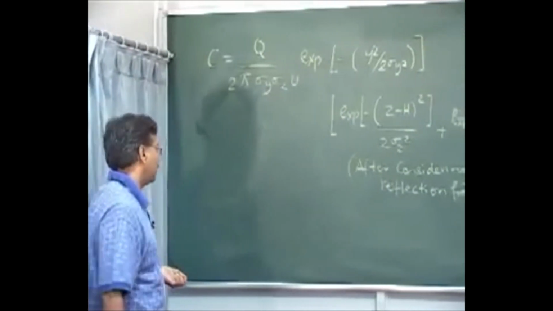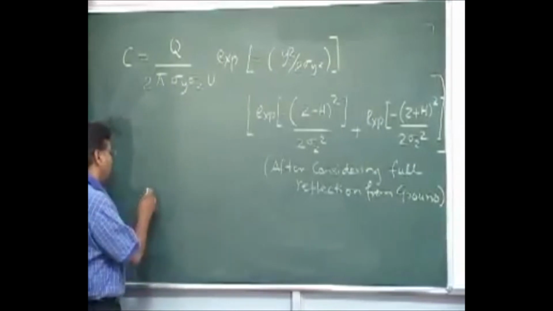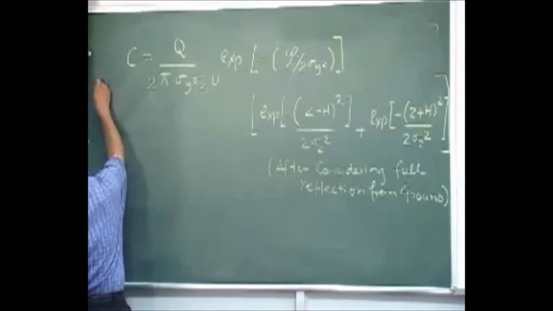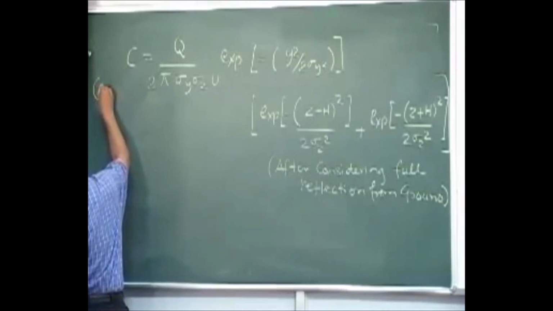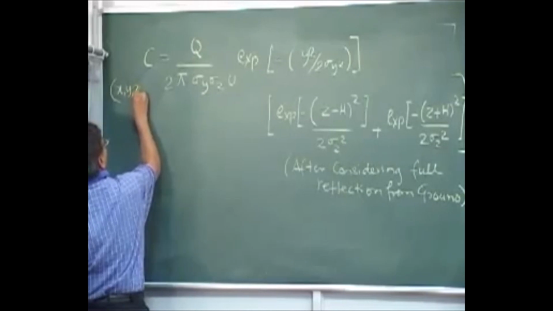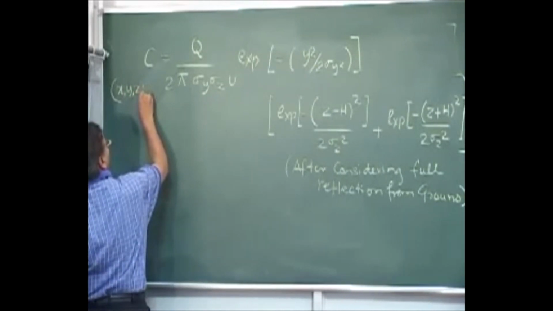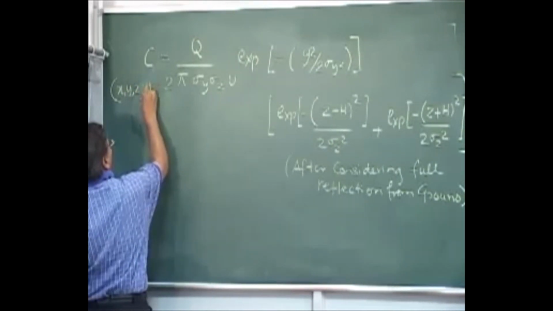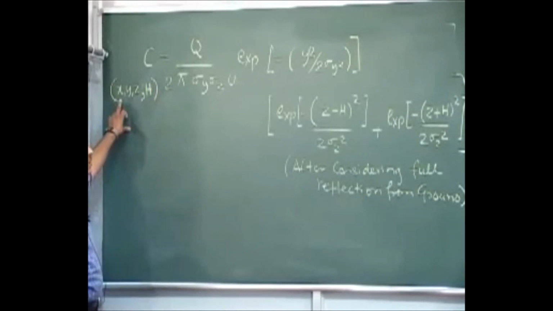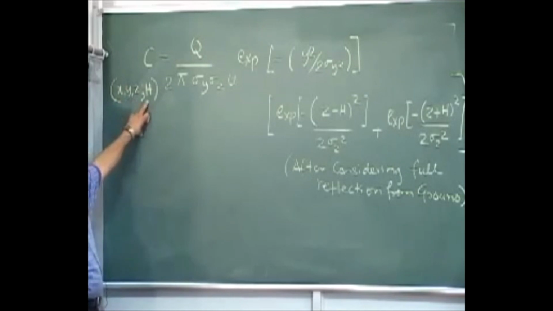So this I can now write: C is the concentration at x, y, z, put a semicolon, this is how it is written, in a coordinate system x, y, z, from a source which is at H.